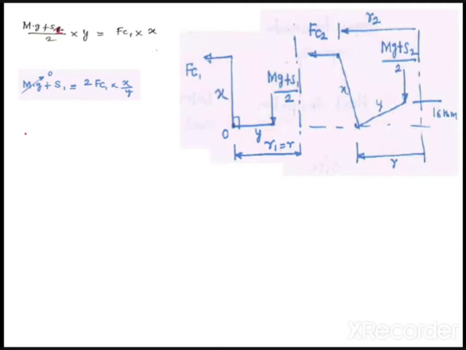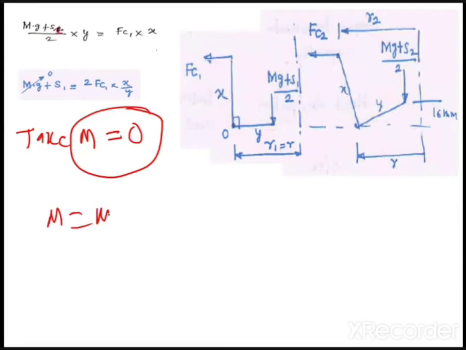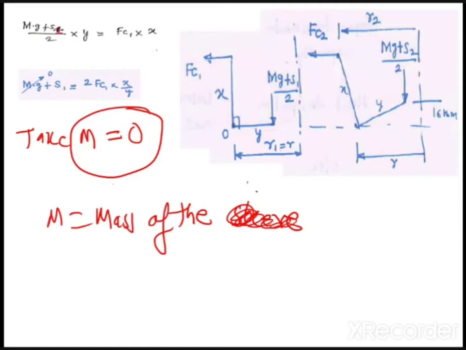Now here take m equal to 0. What is m? m is the mass of the sleeve, which is acting at that point.